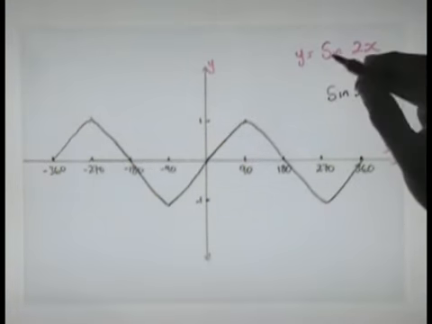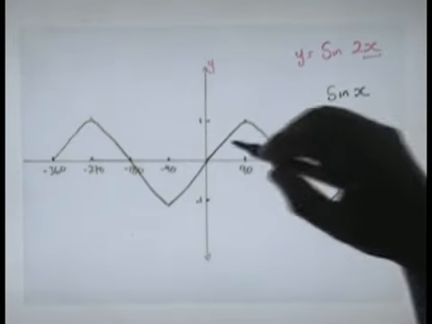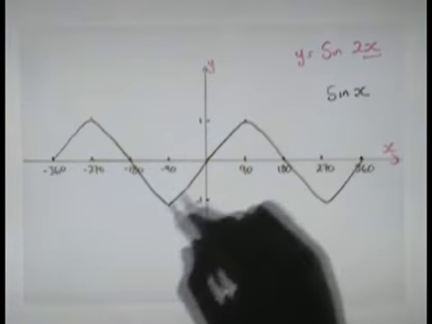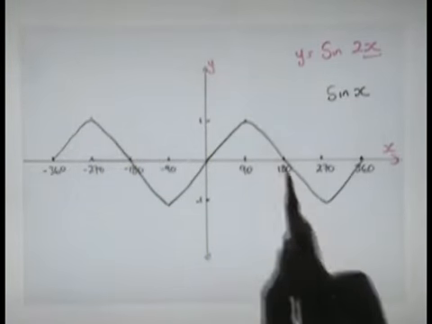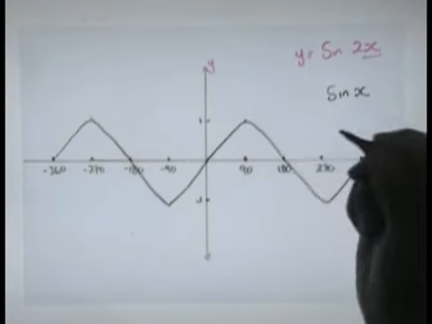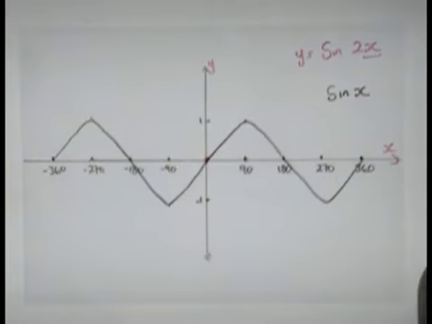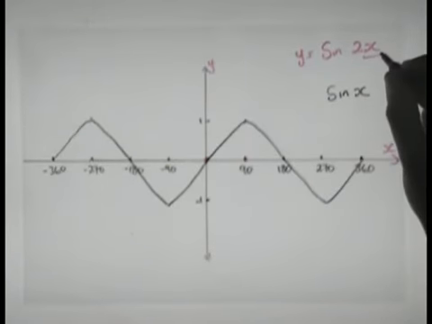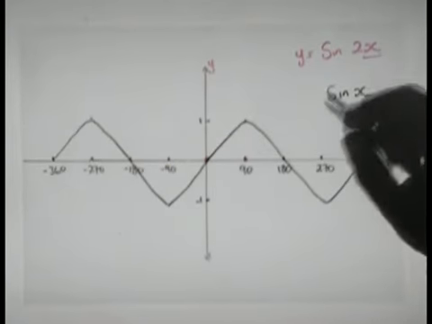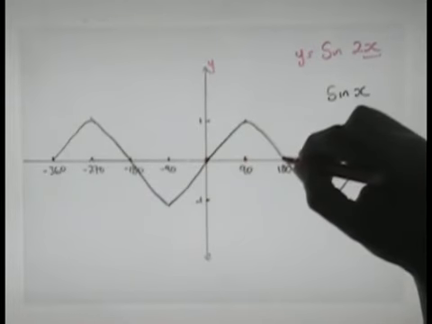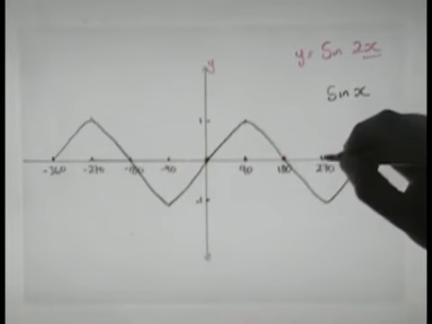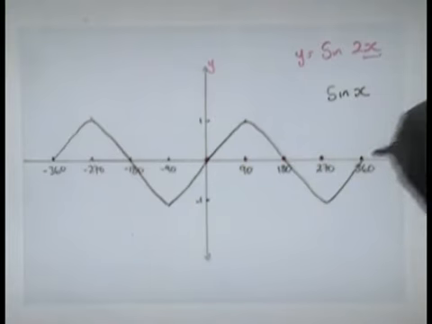At 90, it's going to be sine of 180. Now sine of 180, looking at our standard sine graph, is equal to 0. Sine of 0 times 2 is 0. 2 times 180 is 360, sine of 360 is 0. 2 times 270 is 540, sine of 540 is 0.